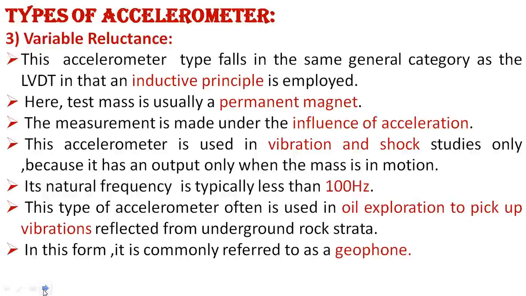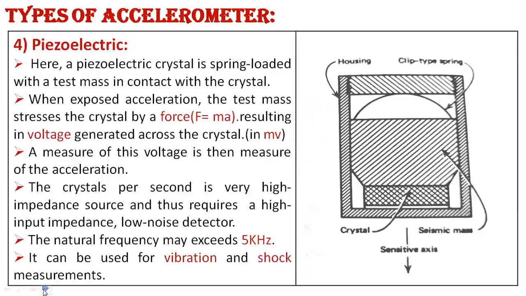The natural frequency is typically less than 100 Hz. This type of accelerometer is often used in oil exploration to pick up vibration reflected from underground rock strata. In this form, it is commonly referred to as a geophone.